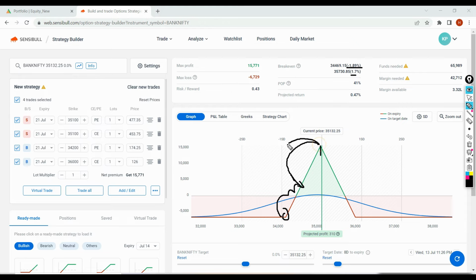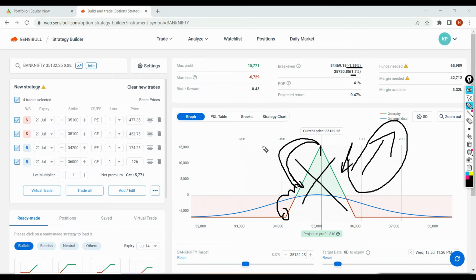Even if you see the market opens gap down by 1-2%, I would say exit the entire trade, because when the market falls, your VIX will increase. Increasing VIX will increase the premium of your sold position in a drastic way, and you will start seeing huge MTM losses on your put side.